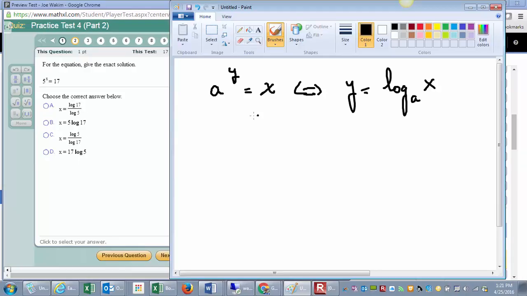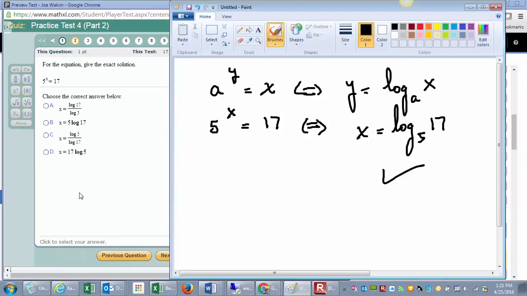Here we have 5 to the x equals 17. Notice that the base is 5, so this would be log base 5. The exponent is x, but the exponent here is y, so x equals log, and 17 is the x in the formula. And that should be the final answer.